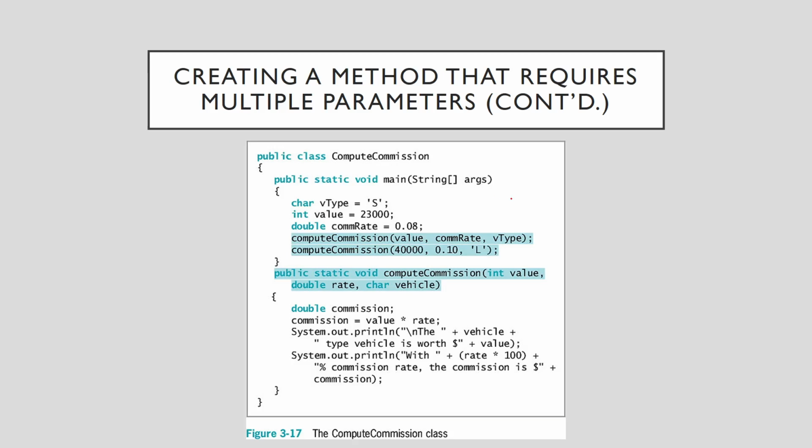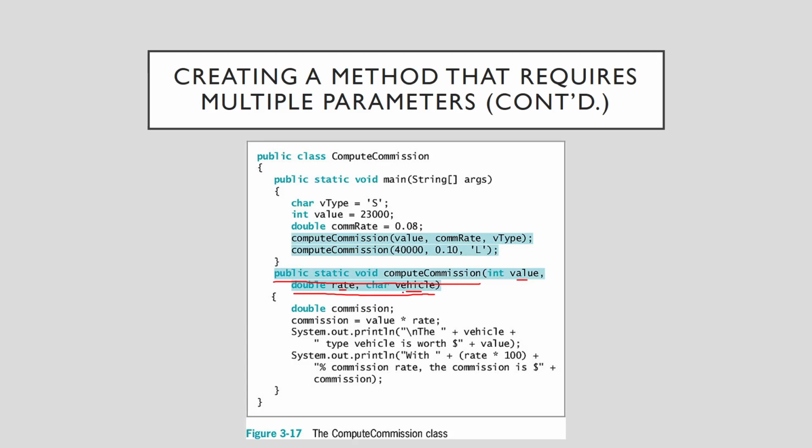Now, in this method, compute commission, how many parameters are there? 1, 2, 3. The first parameter is an integer value, the second is of type double, and the third one is of type character. So in the method call, we must arrange the arguments in integer, double, and character respectively.